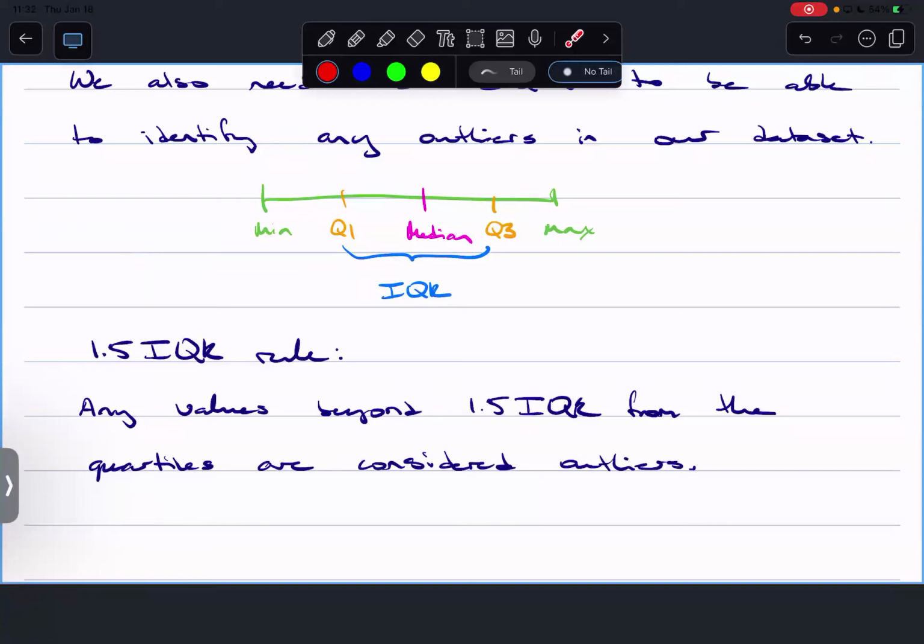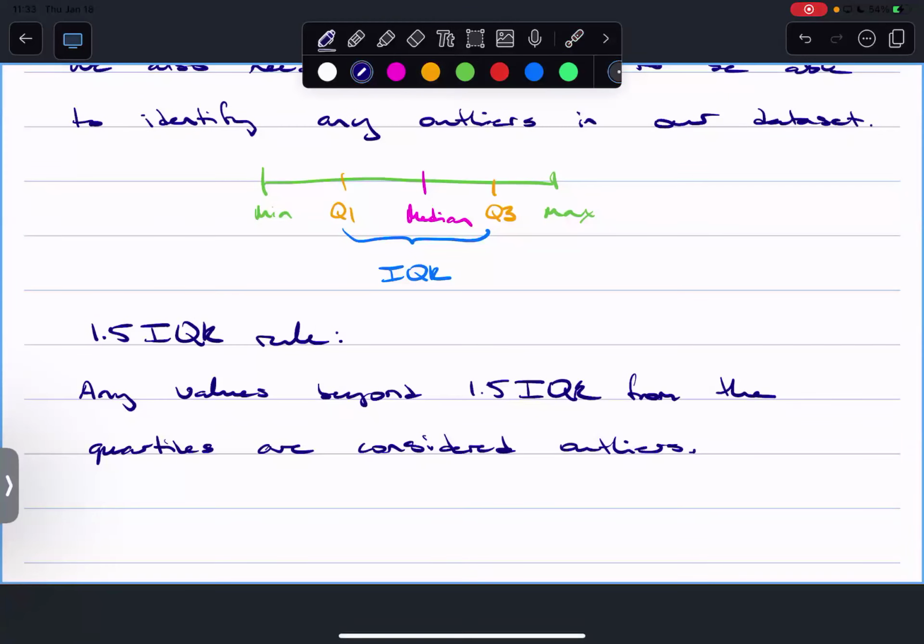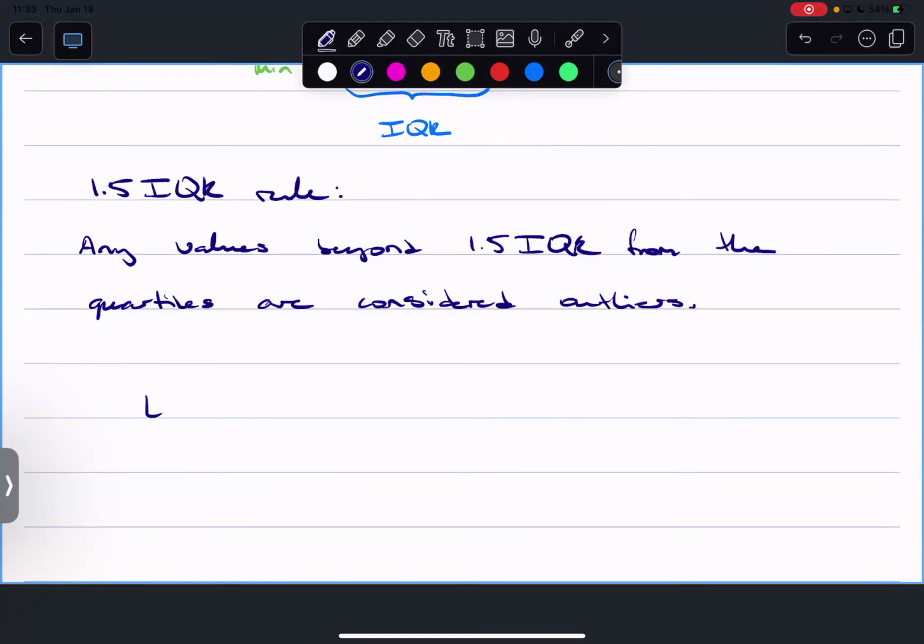Then any values past that point are considered outliers. How about on the upper end? From Q3, if I'm allowed to go as far as 1.5 times the interquartile range away, I'm going to be adding to Q3, whereas from Q1 I was subtracting. Just a subtle difference in the calculation.